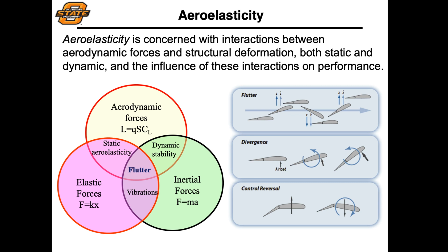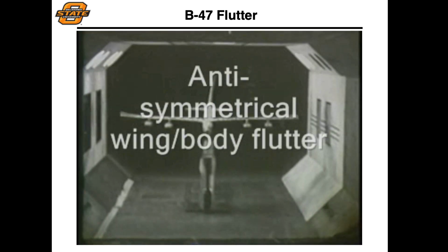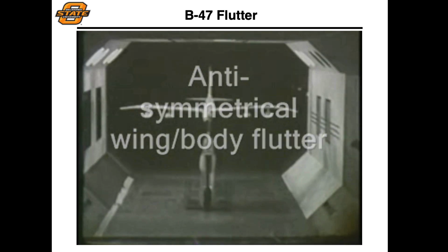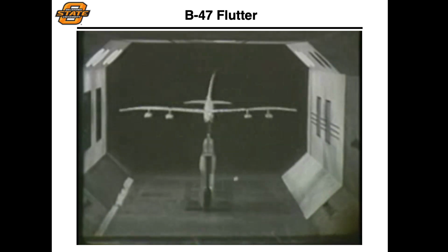We can see some really unique things from an aircraft design and operation standpoint that we may not see in other more traditional designs. So as an example, here is a B-47 flutter test in a wind tunnel. So we can see the wing body flutter that's occurring on the aircraft model.